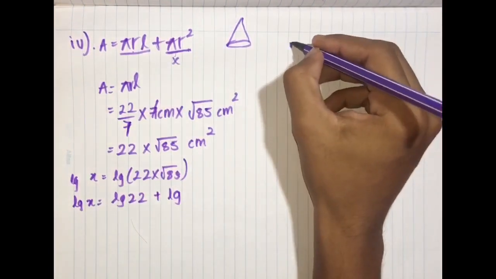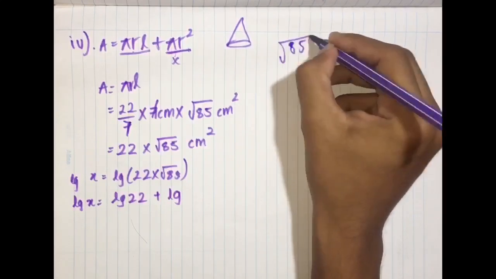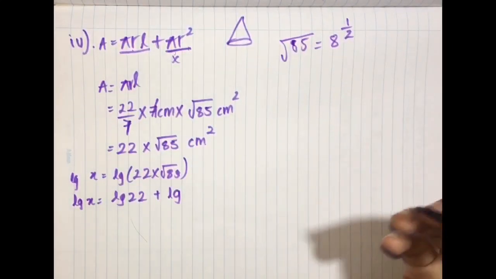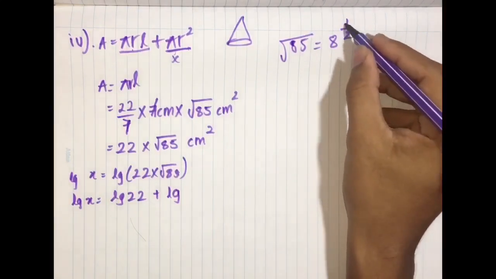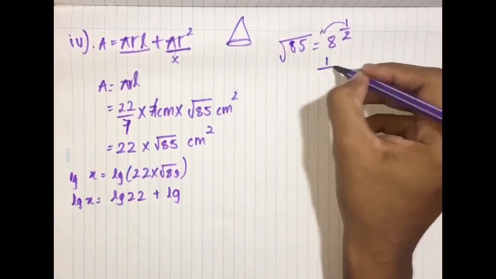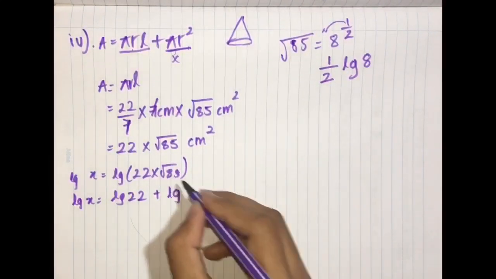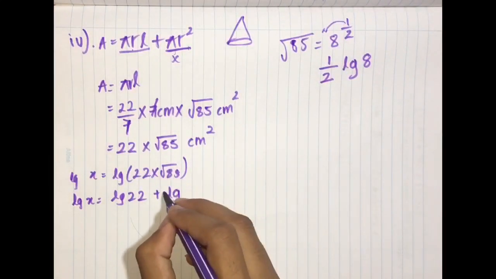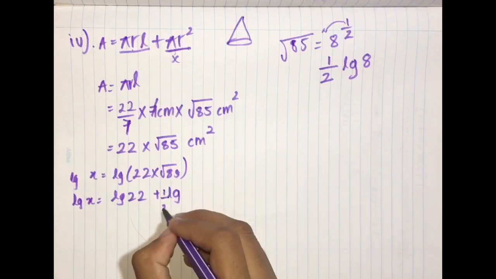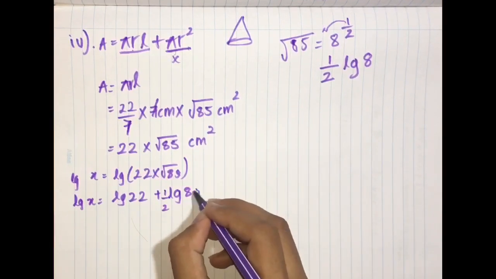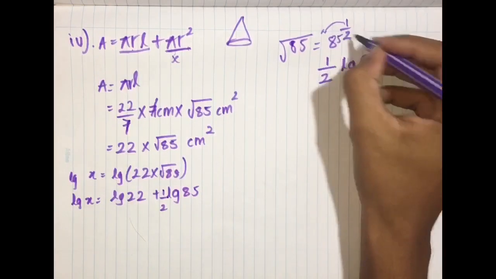You can write root 85 as 85 to the power half. When you take the log, what happens? Yes, this half comes in front. You can write this as half log of 85. So you follow the same thing here. Understand? Half the log of 85.